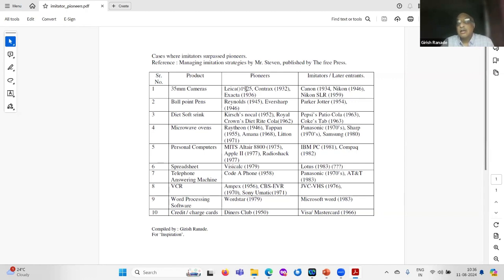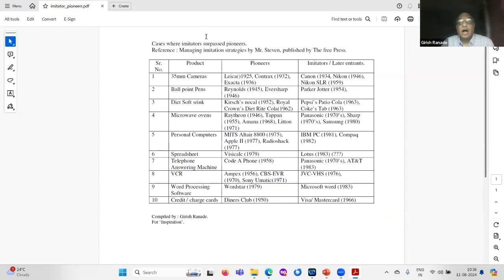Similarly ballpoint pens, Reynolds, and now Parker. In soft drinks, we know Pepsi and Coke. Then microwave ovens, Raytheon, Panasonic. Personal computers, Altair, IBM PC. Spreadsheets, and so on. These are the pioneers in copied products, rather.